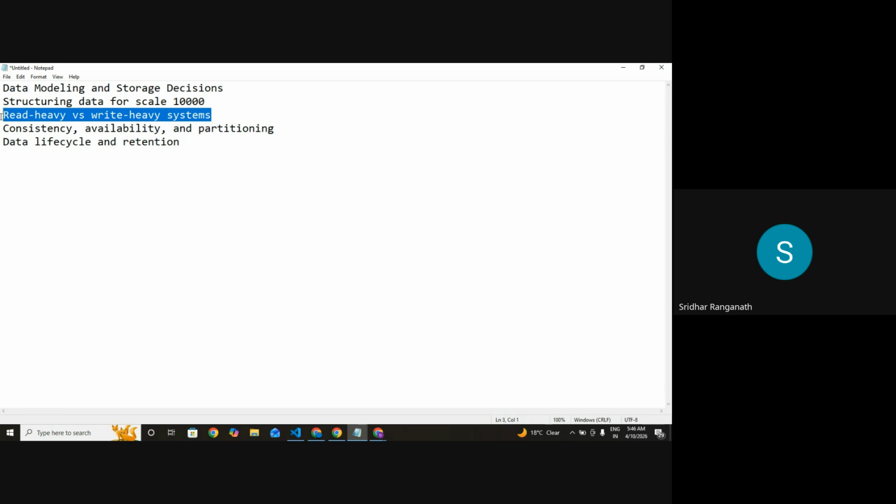Okay, the other one, why we need this. In simple terms, let's say you take the example of your restaurant. When dining is there, this is write heavy. And when delivery is there, then it's read heavy. Think about this.